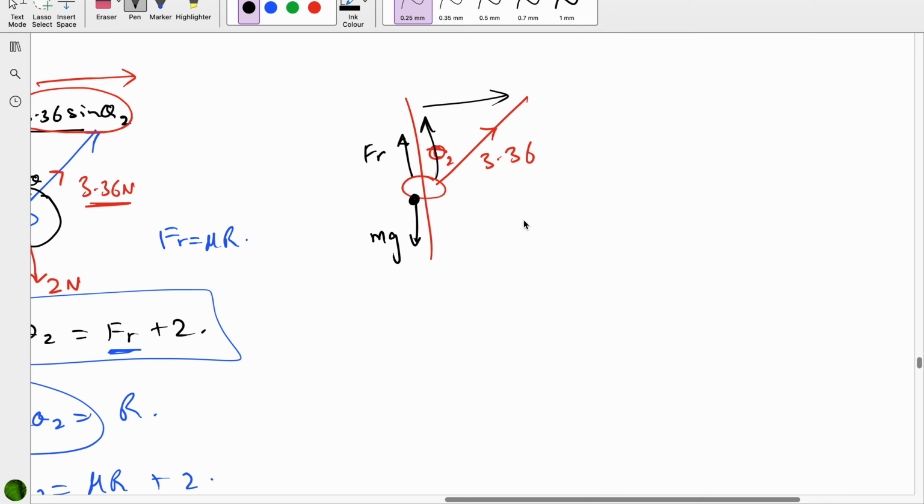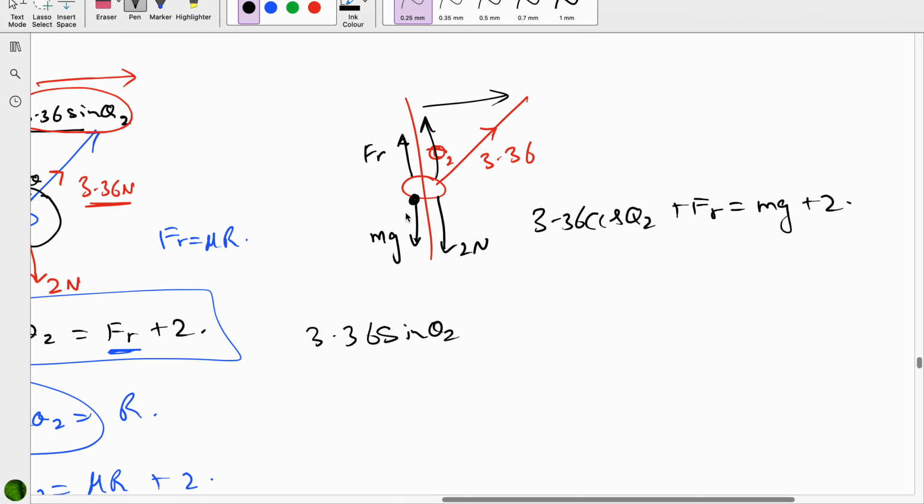So upwards is 3.36 cos of theta 2, and friction is also upwards, and downwards are two things: weight of the ring and the small weight attached. So this is the horizontal and vertical, and for the horizontal section this is 3.36 sine of theta 2, which should be equal to the contact force.